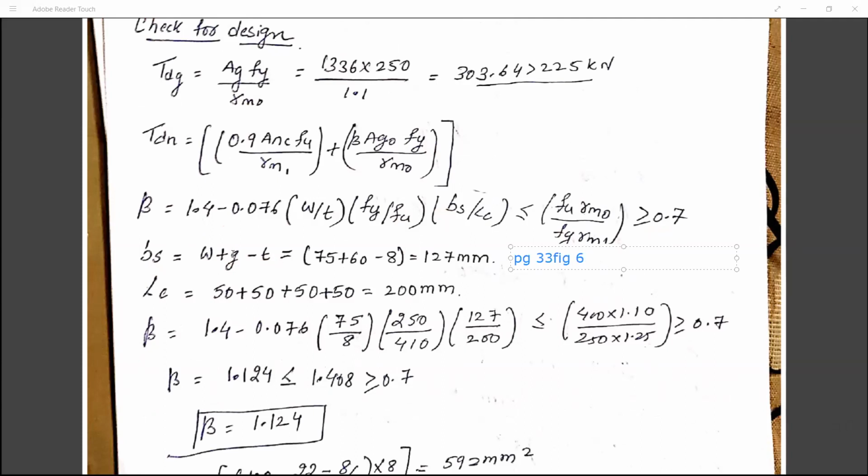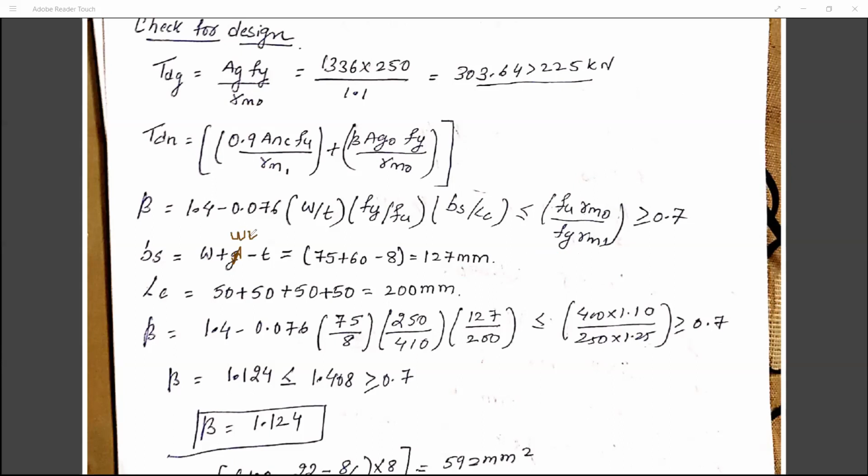See, in this place you can write Wt also. There is no mistake.